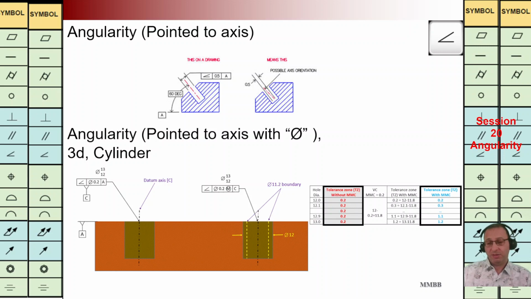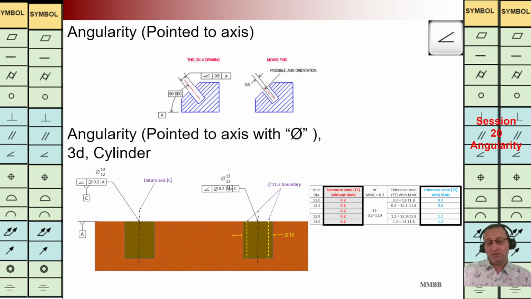Let's see this table. For hole diameter from 12 to 13, when we don't have any modifier, we can see in the second column in red color, the TZ is constant. But whenever we have a modifier, for this hole modifier MMC, it means maximum material exists on the component. We are going to have the smallest hole diameter.